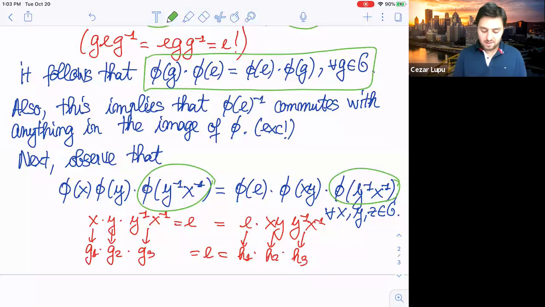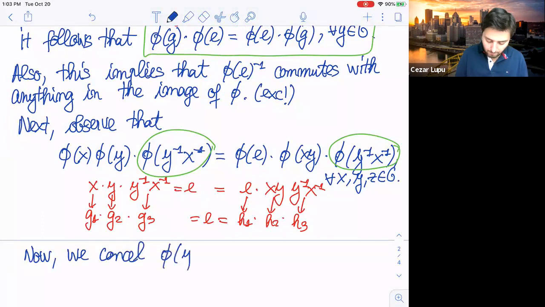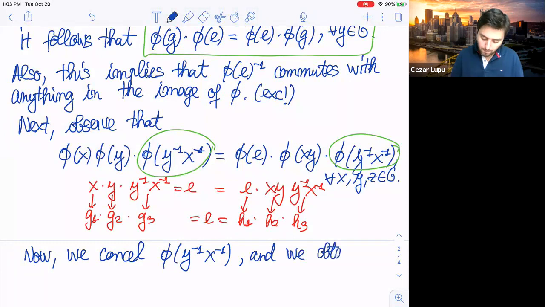So we can cancel this. Now we can cancel phi of y inverse x inverse. And once we cancel this, we obtain, what do we obtain when we cancel this?